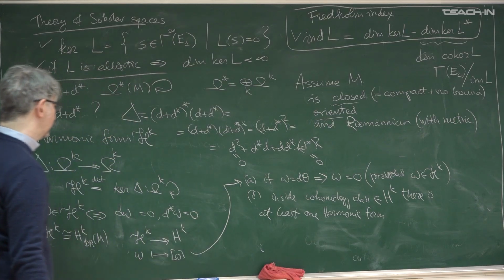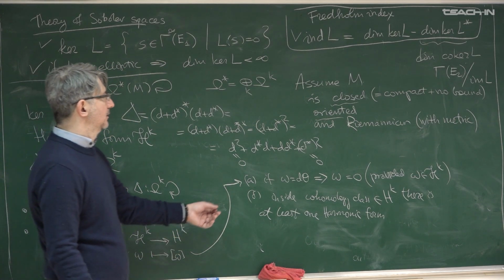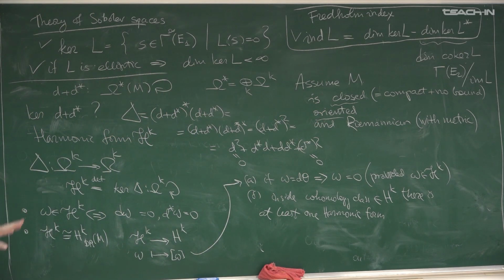You just need to spend some time playing with the operators d and d star and the metric on differential forms. It's not very difficult. It's a very simple exercise.